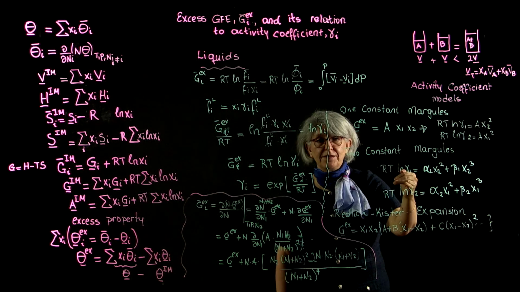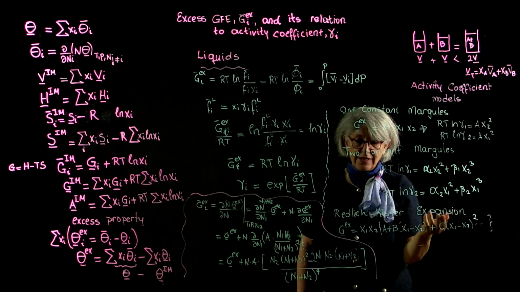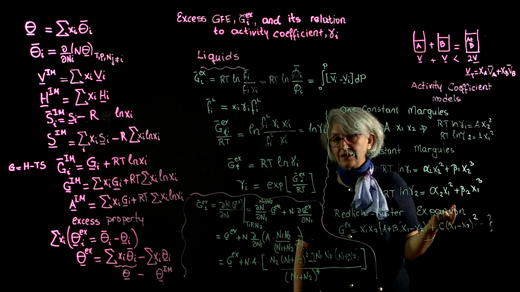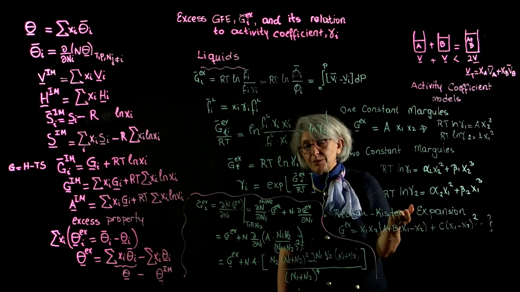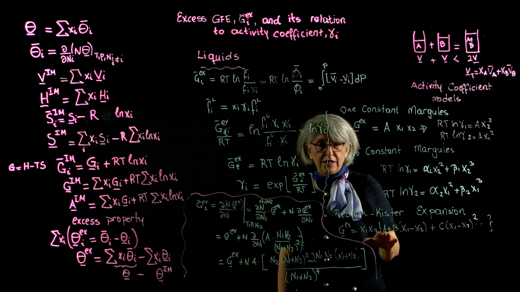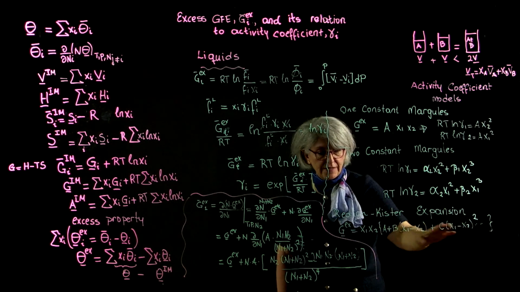They are derived from the Redlich-Kister expansion. So keep the Redlich-Kister expansion in mind. We have seen this before, but now we are going to pay a little bit more attention to what the prediction of the Redlich-Kister expansion is.